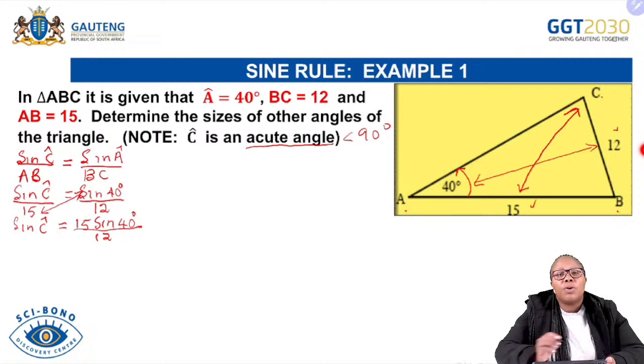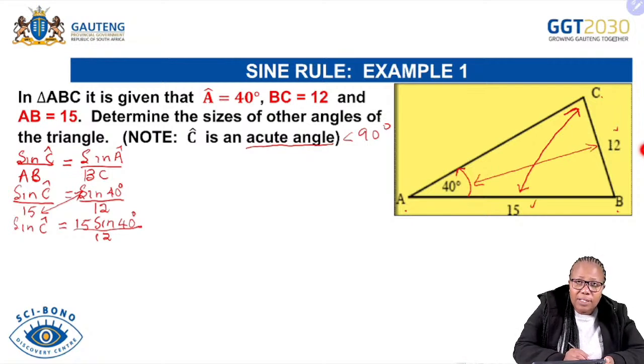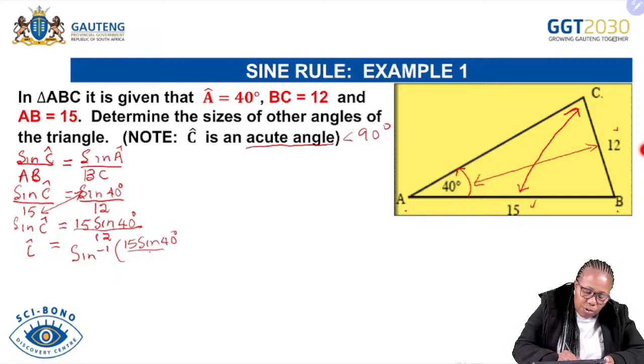But we are not looking for sine C, we are looking for angle C, all right? So to be left with angle C on the left-hand side, we take this sine to the right. The minute it moves over to the right-hand side, it becomes an arc sine of the same ratio that we have there, over 12.